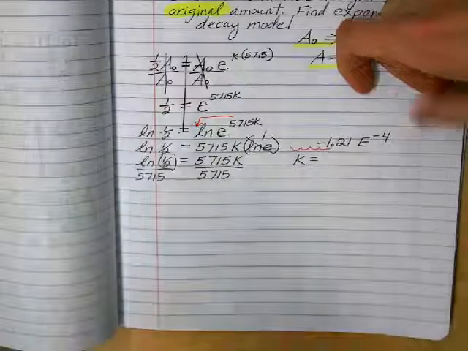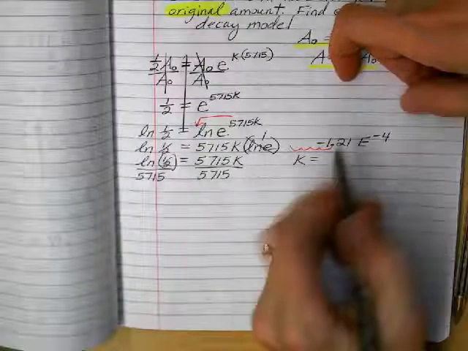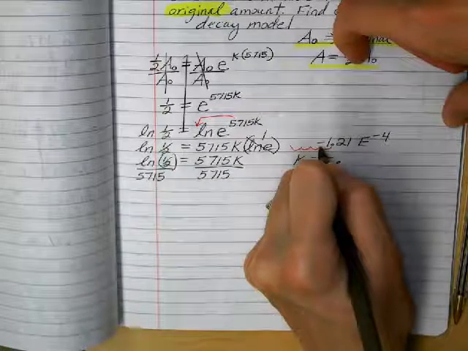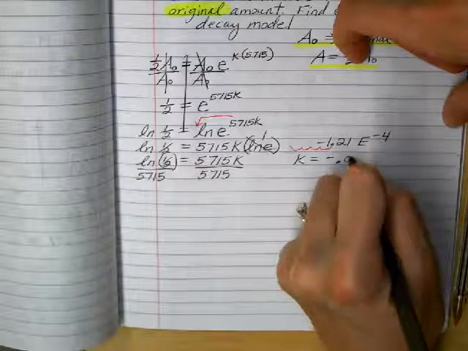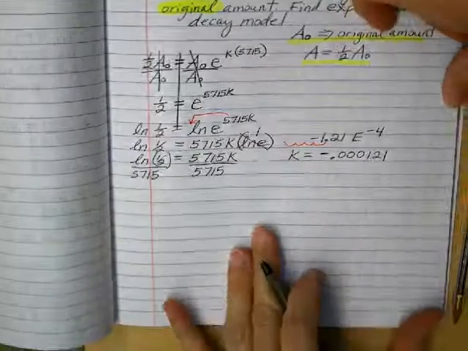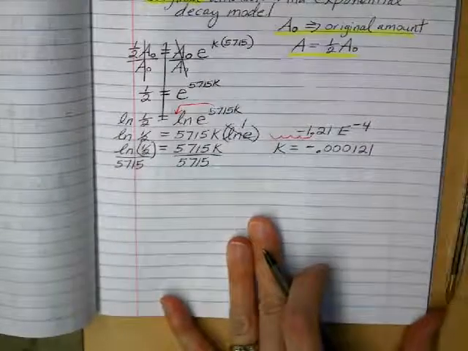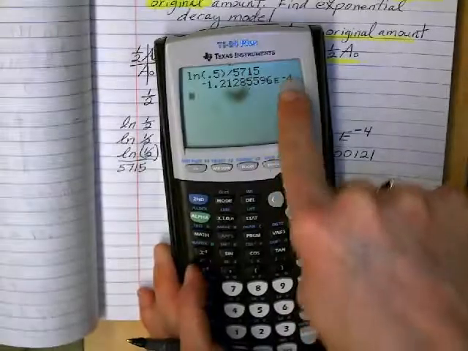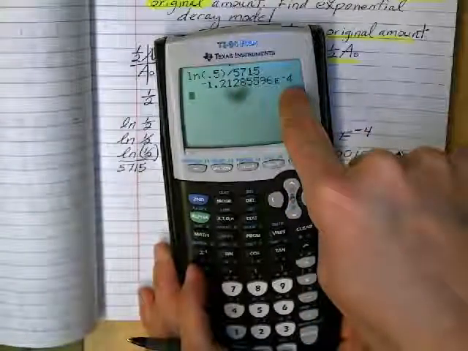Let's see, I got to go back 4 places: 0.000121, something like that. It just means move the decimal back 4 places. So there's your answer for k.